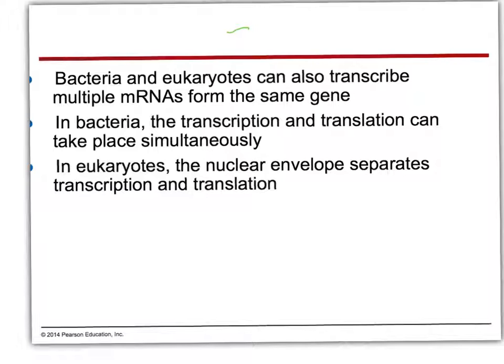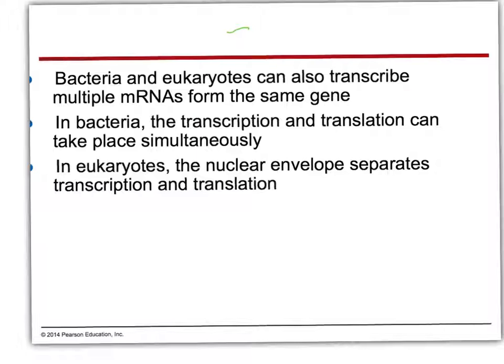In bacteria, we know that there's no boundary separating where the DNA is and transcription occurs from the cytoplasm where the ribosomes are. So as soon as an mRNA is being transcribed, translation can actually begin before that mRNA is even finished. So transcription and translation in prokaryotes is simultaneous, so it actually is ongoing.